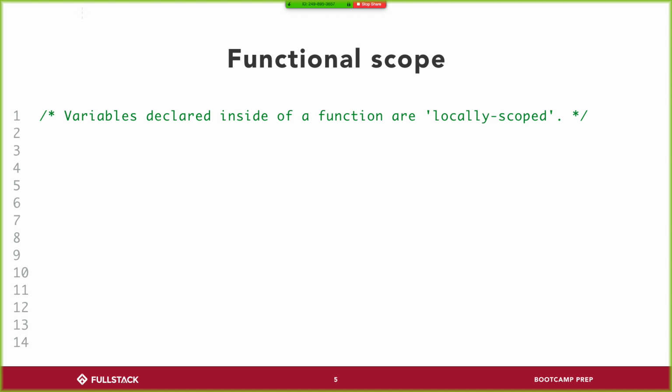If you declared a let within an if, for example, so block level, it won't be accessible outside of that if statement. But if you declared a var within the if, then that would be accessible outside of the if. So var is a lot more loose in terms of how it's scoped versus let, which is a little more strict. So that's one of the ways that they differ.